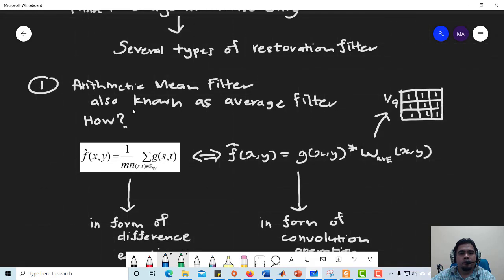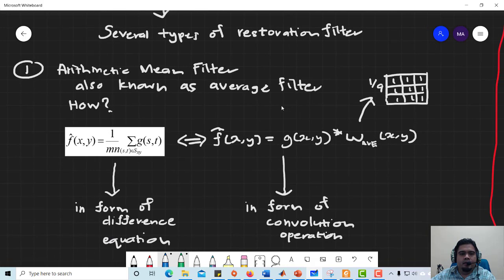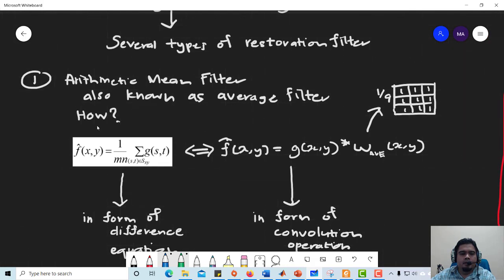So how are we going to prove that the arithmetic mean filter is also known as the average filter? If you see the equations there, this is the one from the slide that I showed previously. This is the arithmetic mean filter equation, and this is your average filter when you want to compute something.